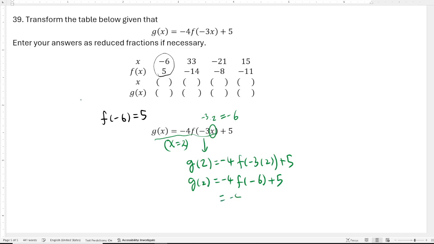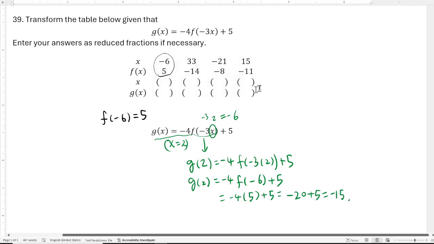So it's going to be -4 times 5 plus 5, that's -20, plus 5, which is -15. Okay, so that's what we just figured out. We figured out that when x is 2, g of 2 is negative 15.